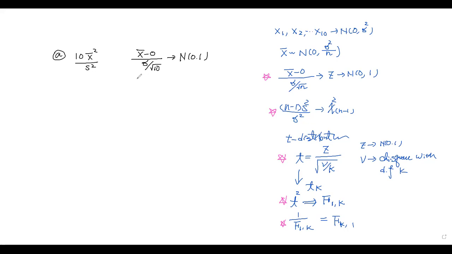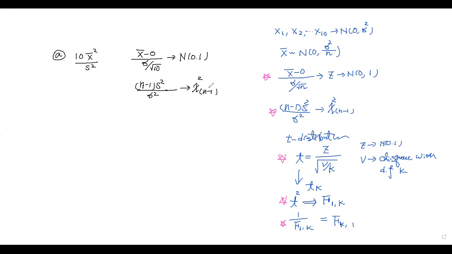And also we know (n minus 1) S squared over sigma squared is a chi-square with the degrees of freedom n minus 1 here.